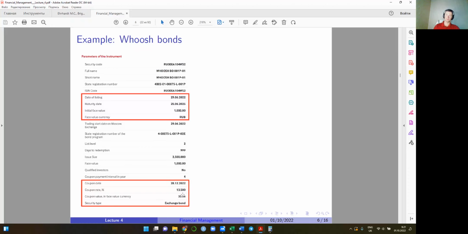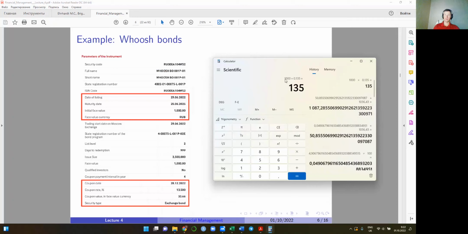This is annual. This 33.66 is for a quarter. Please don't be confused. So basically we take 1000, multiply by this. This is the annual amount of coupons, 135.